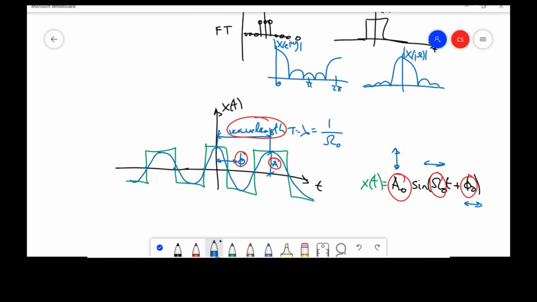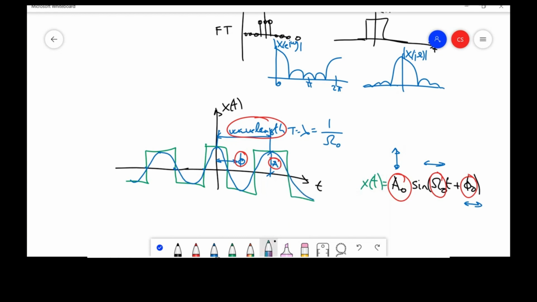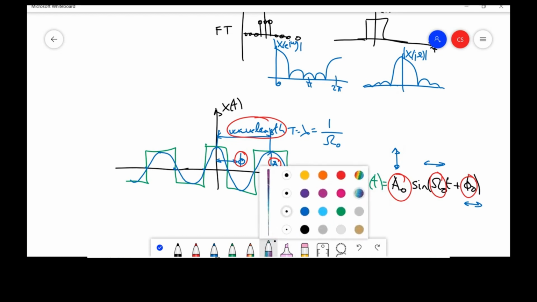And it turns out that the second sinusoid, I'm running out of colors, maybe this one, let's say. Do I have more colors? Can you choose the colors? This is so nice.